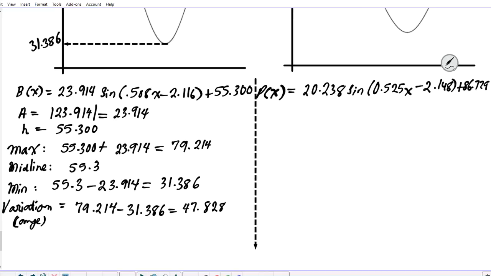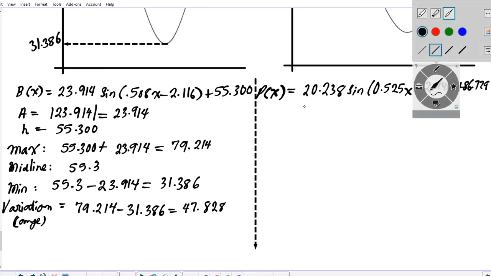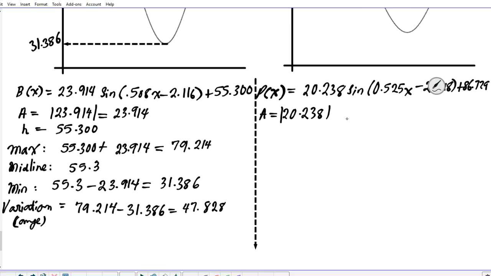Now let's go ahead and find the relevant components. Start with the amplitude. The amplitude here is 20.238, the absolute value of the coefficient of the sine function. Our h value, the vertical shift, is your h, which is 86.729.